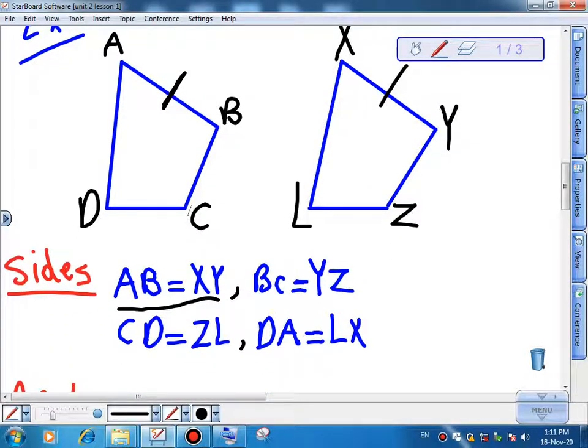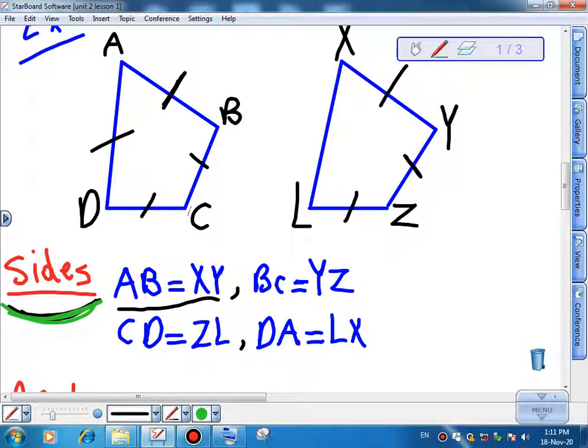Another side, BC, equals YZ. The third side, DC, is equal to LZ. And the last one, AD or DA, is equal to LX. So the first point is satisfied: all corresponding sides are equal in length.